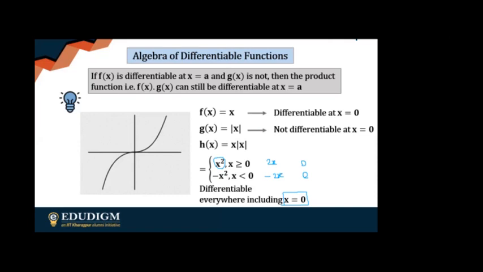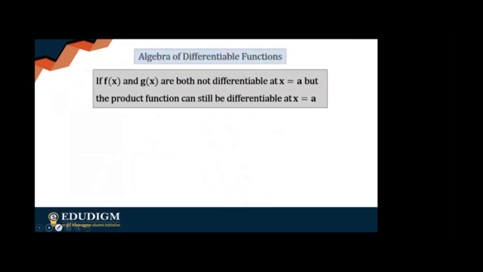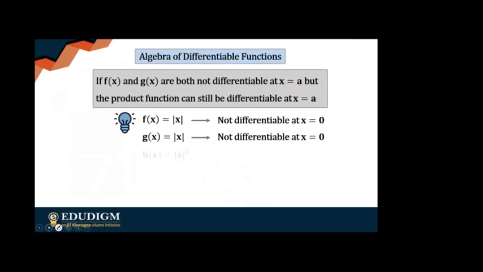Just understand, apart from the algebra of differentiable functions, the converse may not be true. We might have different types of things where probably not both of them are differentiable, but their product is differentiable. Okay. All right. So let's just take another example, very simple example. Again, two functions, none of them are differentiable, but you take the product, this is perfectly all right.